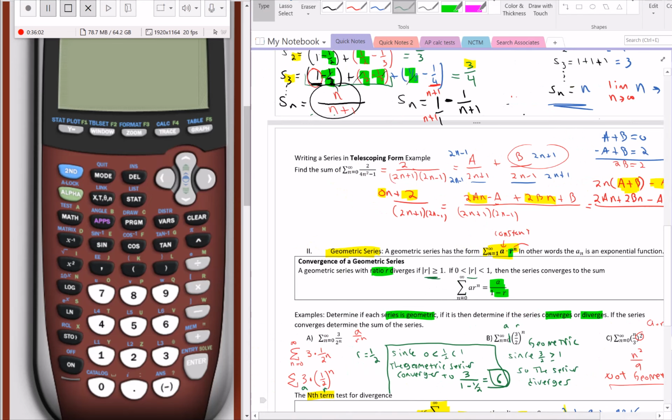which all of this basically just shows that this piece right here can be rewritten as b is 1, and a is negative 1, so it can be written as negative 1 over 2n plus 1 plus 1 over 2n minus 1.